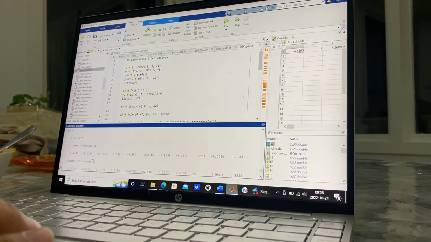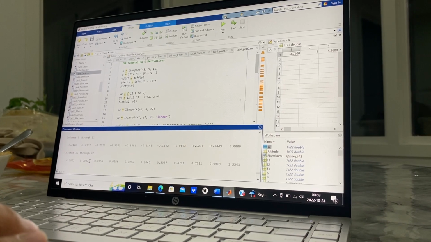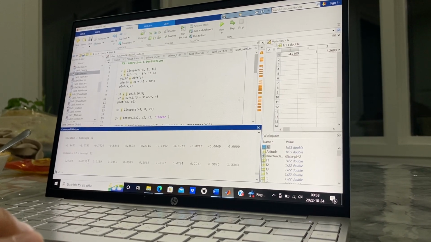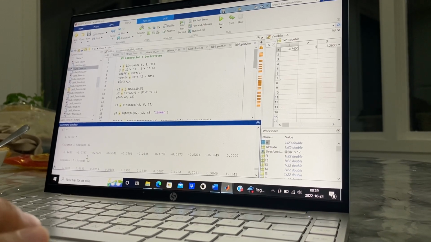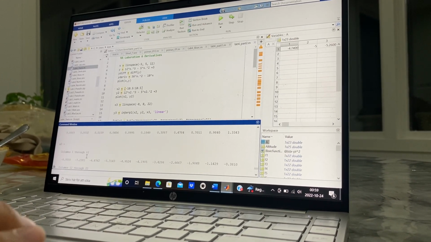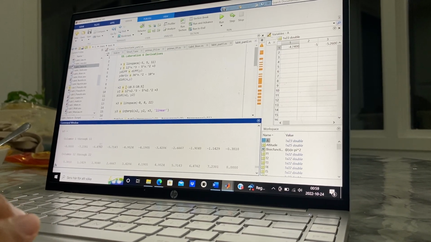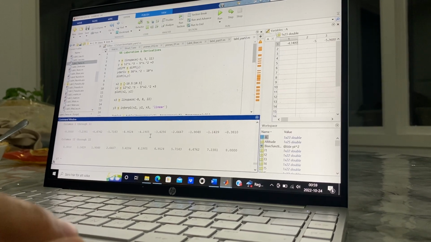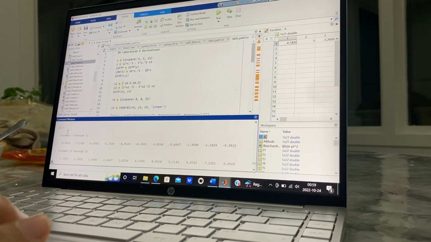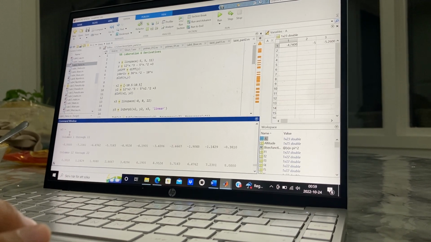Yeah, this is 22 different numbers, I guess. The x3, the linspace -8 to 8, it's 22 numbers in between there, so we got 22 numbers in the x3.